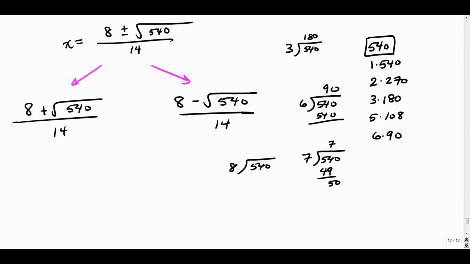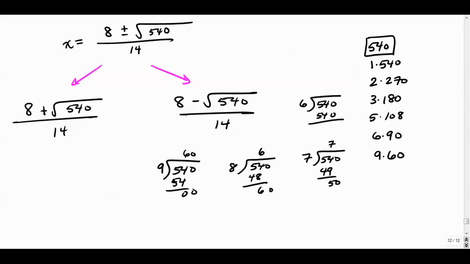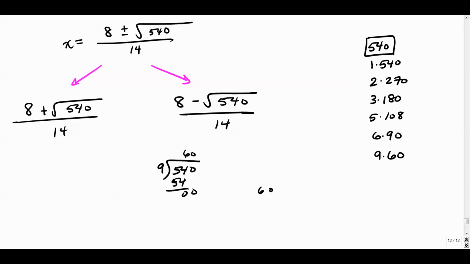Does 8 go into 540? 8 times 7 is 56, so this is 6, 48, and 60. No, that doesn't work. We definitely know 9 does. 9 times 6 is 54, so 60. There we go, there's a perfect square. 9 is a perfect square, so I'm going to break my 540 down into 9 and 60.